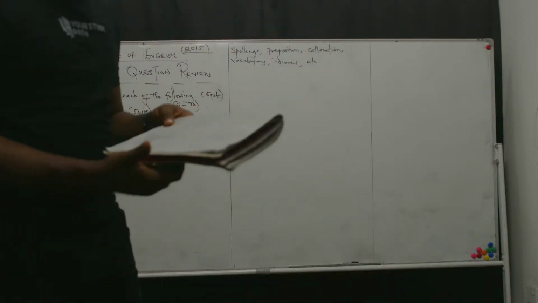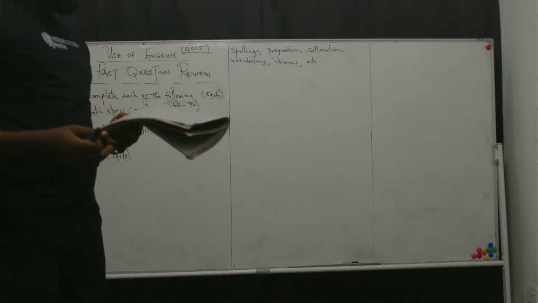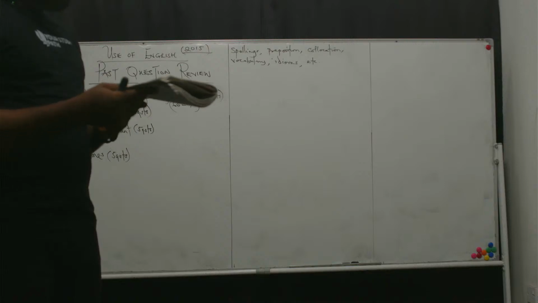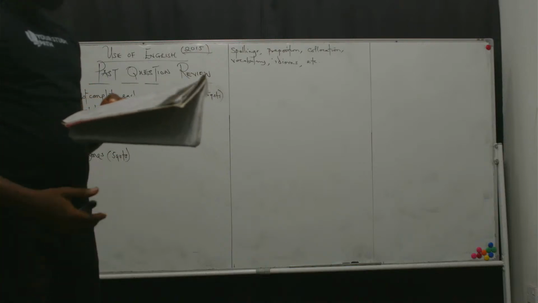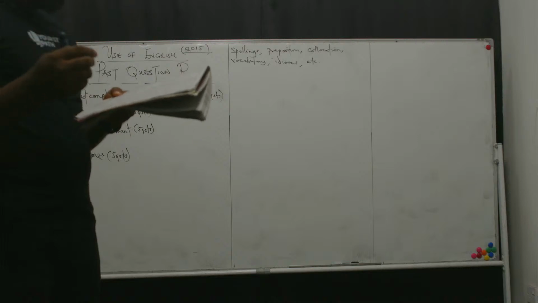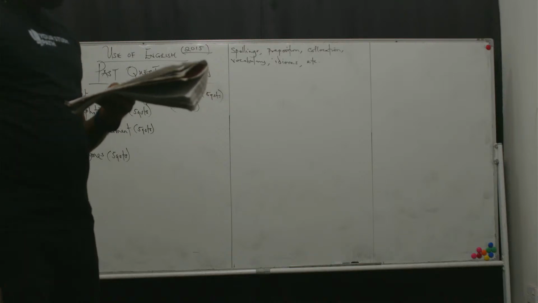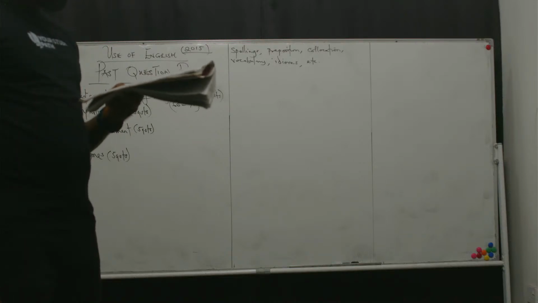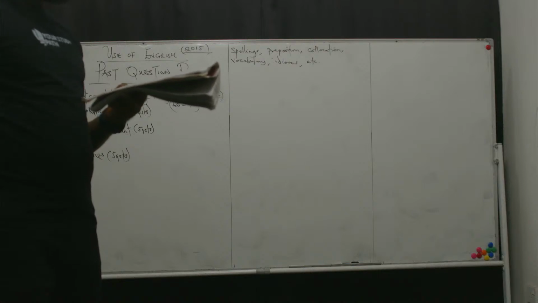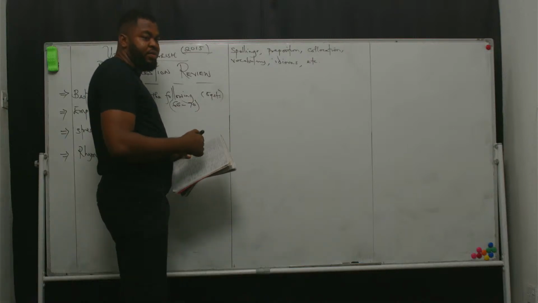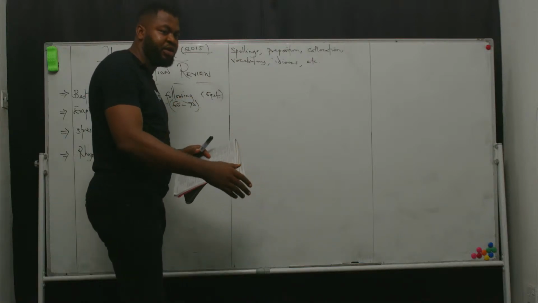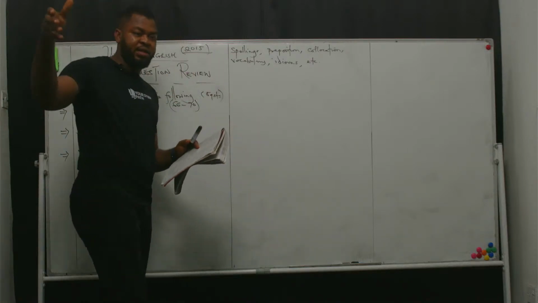Okay, so let's see. Instruction: choose the option that best completes the gap. So here we have 66. The number of stalls will be increased, dash, 20 to 30. This is talking about ranges, from this particular set of numbers to another set of numbers.